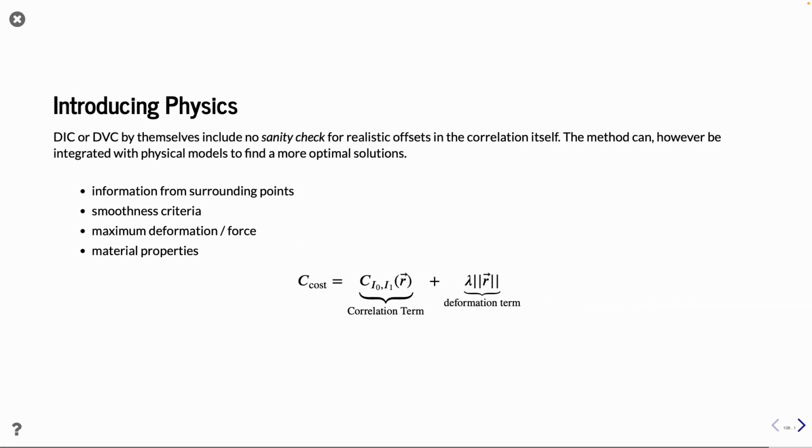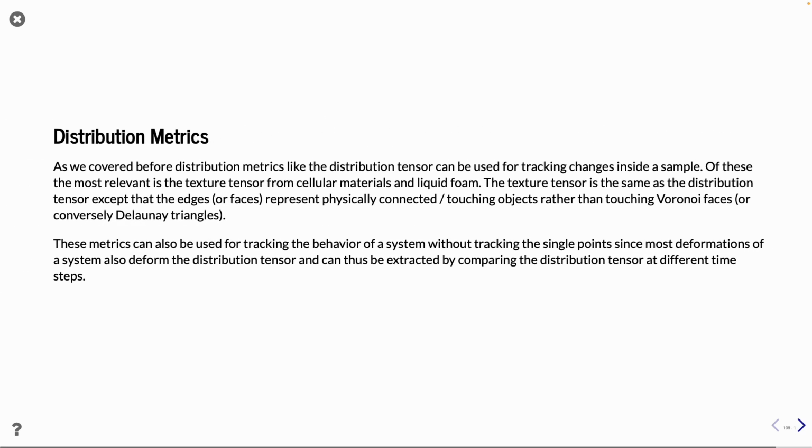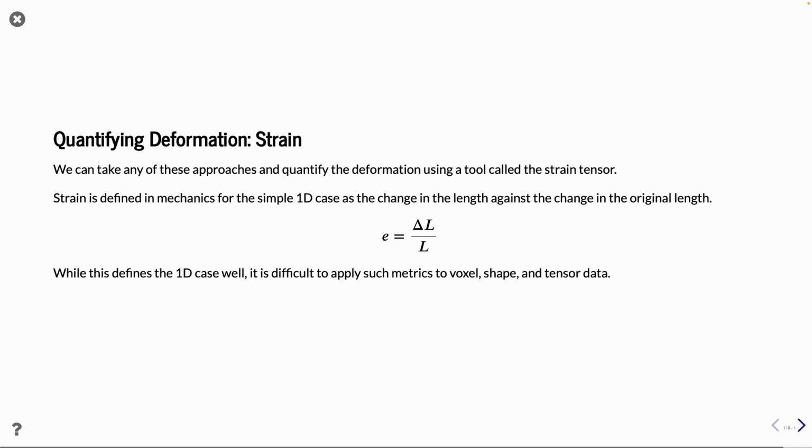And looking at a correlation term, from that you can also have a deformation term within the data. And that's a lot of text. But in principle, what we want to do is quantify the deformation within your sample. So the deformation is a change in distance over the distance.